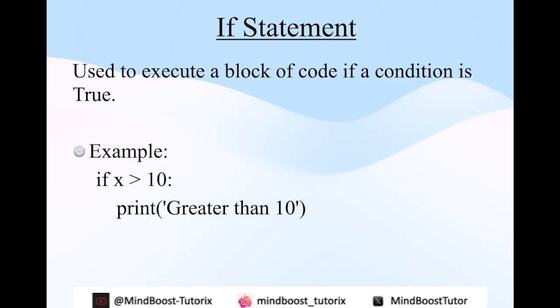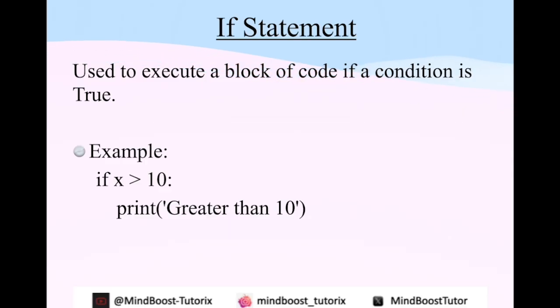Suppose we are checking, here you can see the example. x is our variable, and we are checking if x is greater than 10, then we can say this is a true condition, and we give our output. Otherwise we are not giving output.